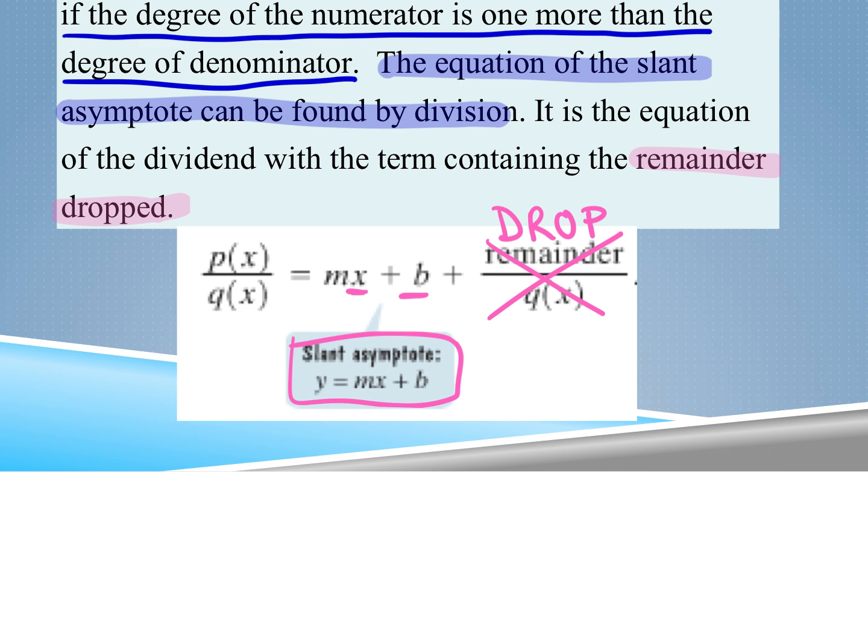It doesn't matter. Again, our slant asymptote is slanted because it's going to be a line. It's just not a vertical line or horizontal line. It'll be some line with a slope, in the form of y equals mx plus b.